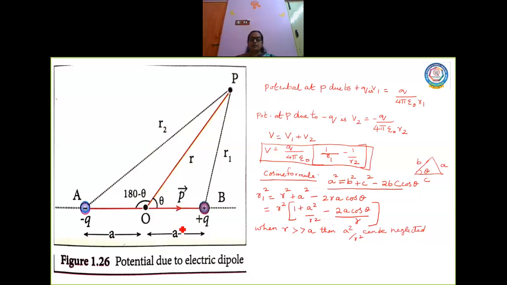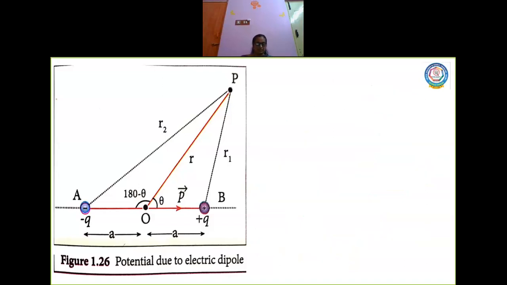So I have r1 square equal to r square into 1 minus 2a cos theta by r, neglecting the higher terms. I am going to continue the derivation in the next page, children.